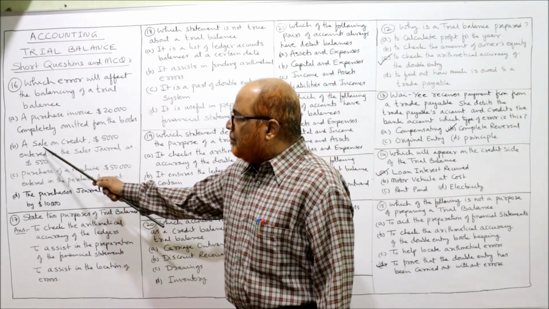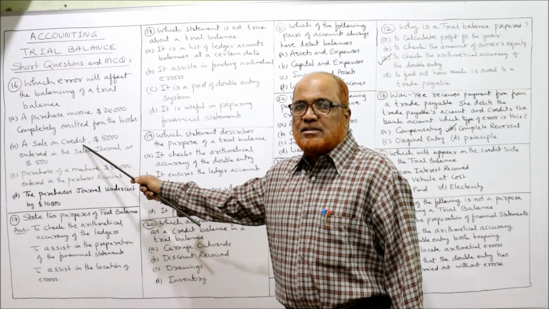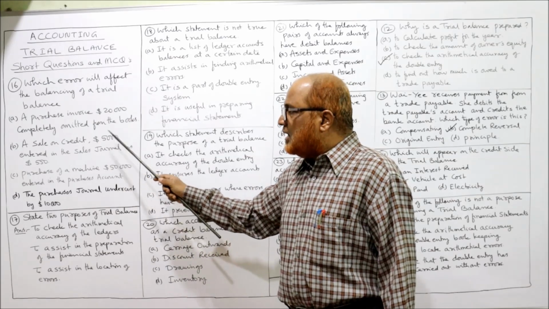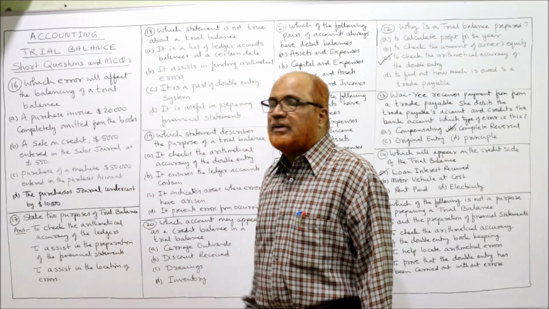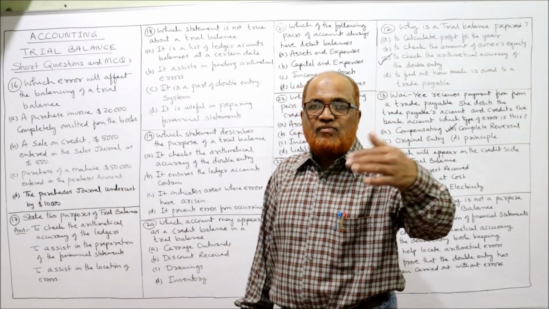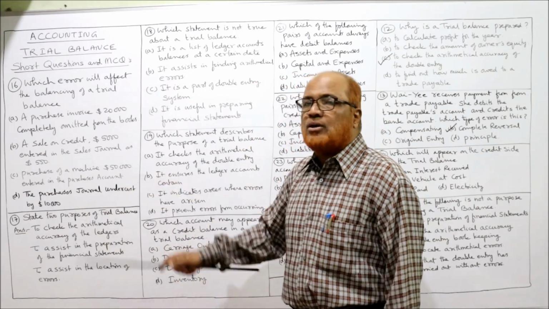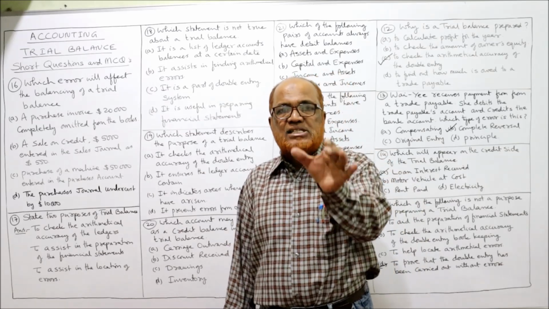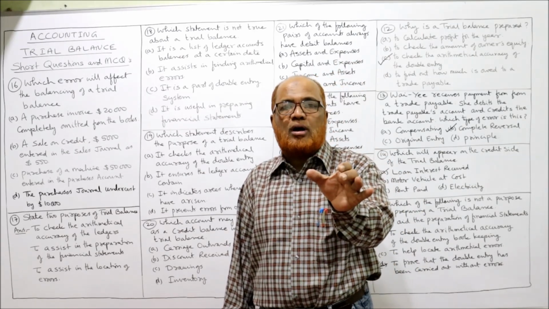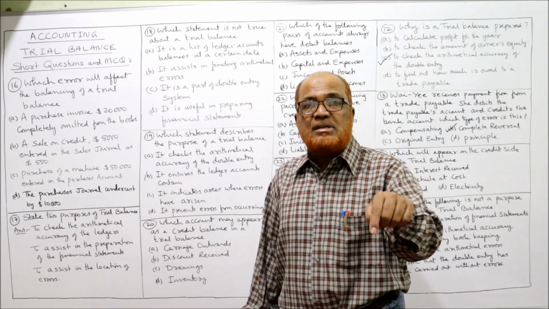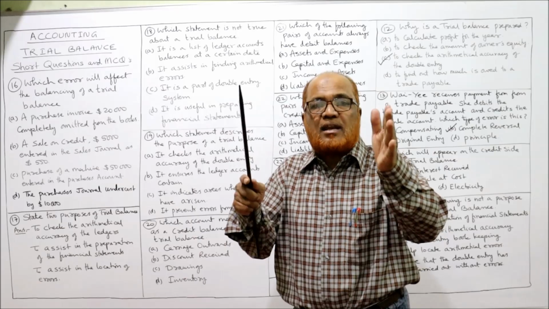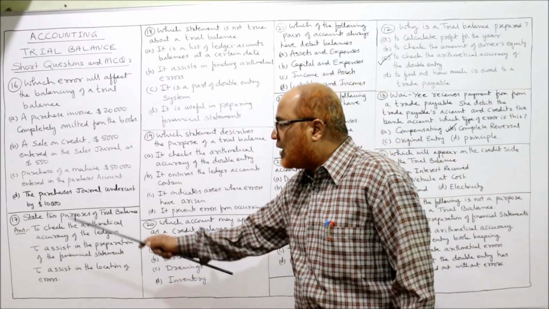Next one, B. A sale on credit, $5,000 entered in the sales journal as $550. So actually goods were sold for $5,000. And in the sales journal, sales day book, the actual amount should have been taken 5,000, but by mistake the accountant has recorded in the sales day book as 550.